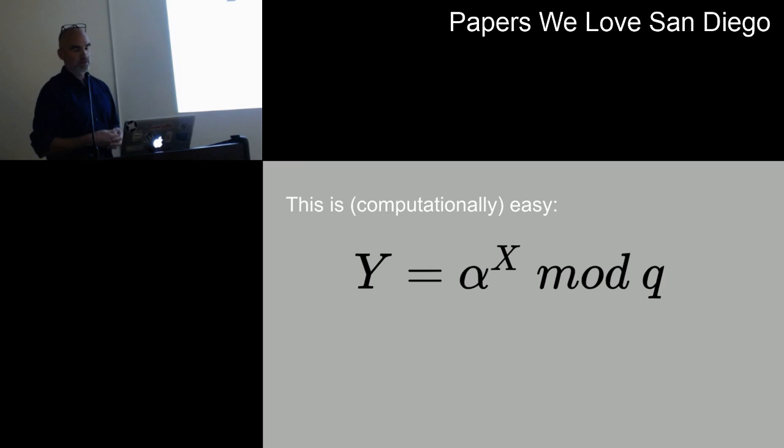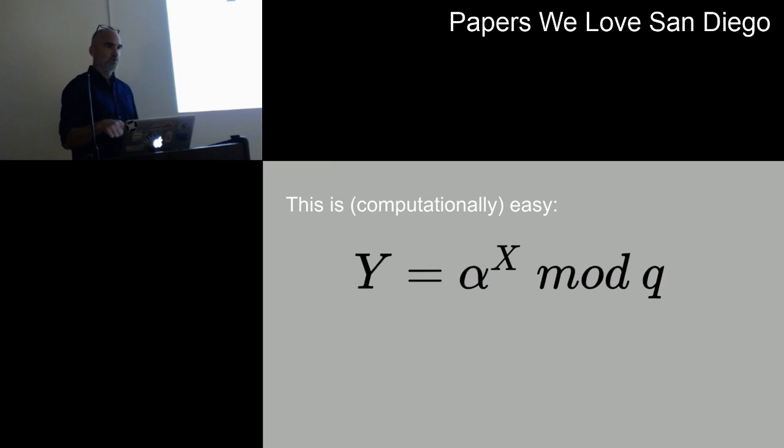So you take your private key and you raise some primitive element in your field to that private key. And of course, these private keys are pretty big numbers. I think the current standard for Diffie-Hellman calls for things which are over 3,000 bits long. And then of course you take the modulus of the prime number, so you get something that's still in the field. So this, believe it or not, is actually pretty easy to compute.